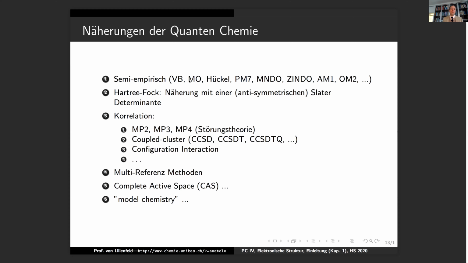That's a level of theory which often you can at least qualitatively do with pen and paper. Then there's Hückel theory, which is already a little bit more advanced, and that's a theory we want to also cover in this course. Then there are computational semi-empirical methods like PM7, MNDO, ZINDO, AM1, OM2.